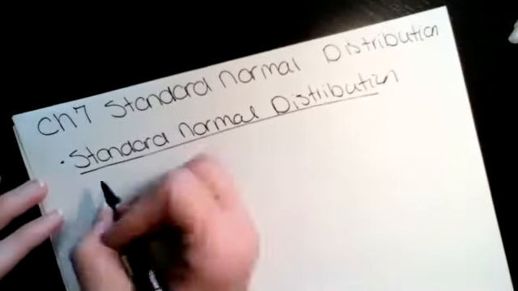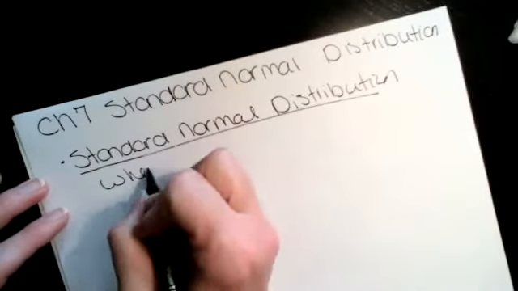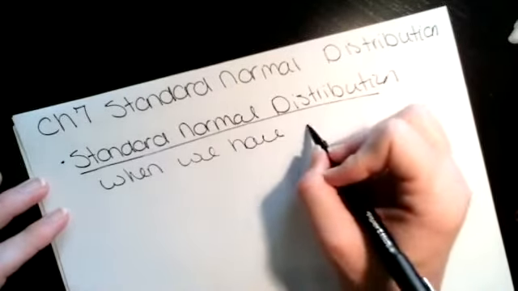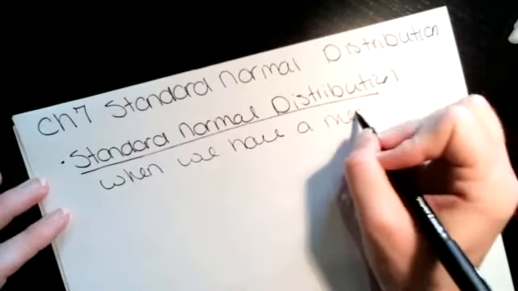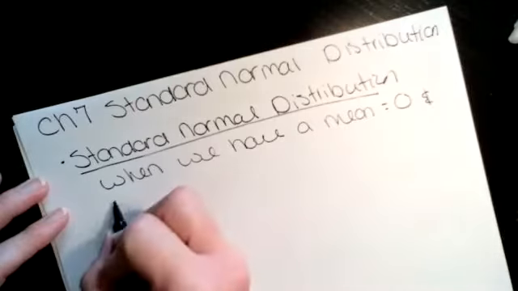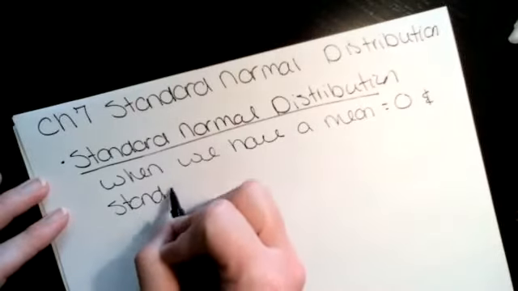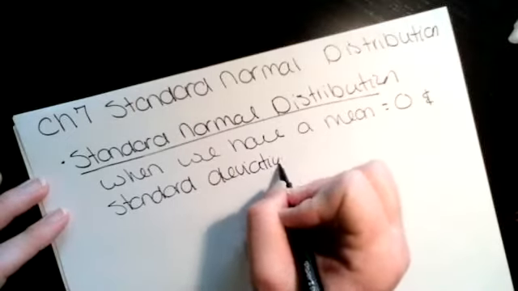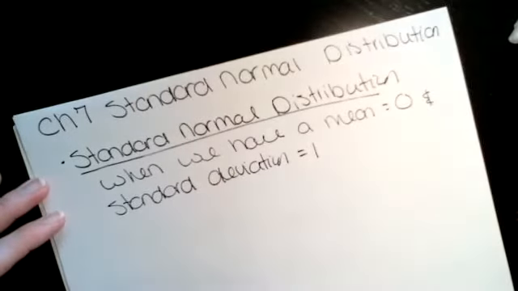The standard normal is when we have a mean equal to 0 and a standard deviation equal to 1.